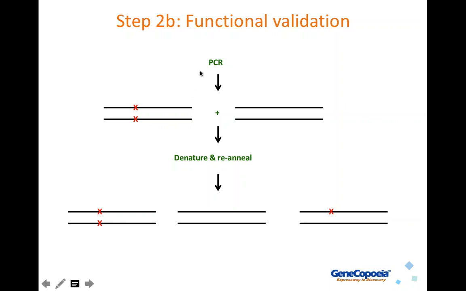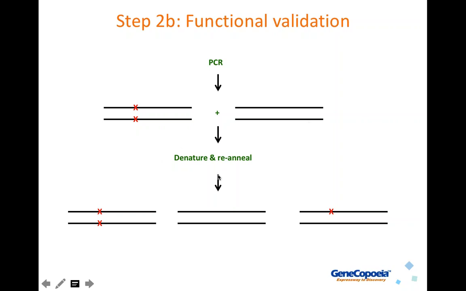What happens is, when you do PCR on a transfected population of cells that have been transfected with CRISPR plasmids, you often have a mixed population of mutants. These are indel mutants as well as unmodified chromosomes.